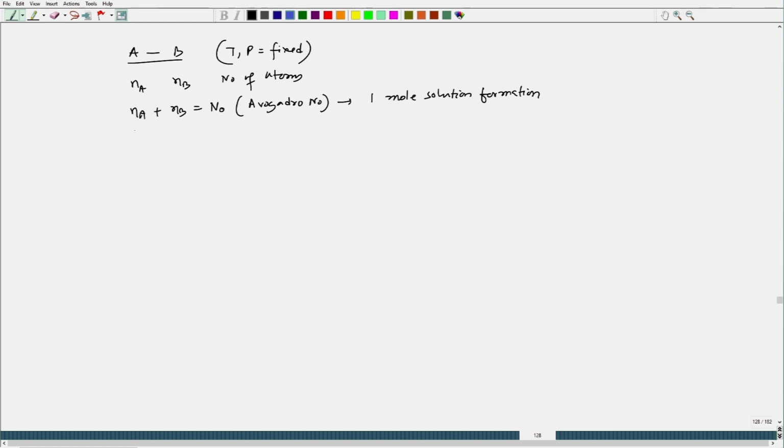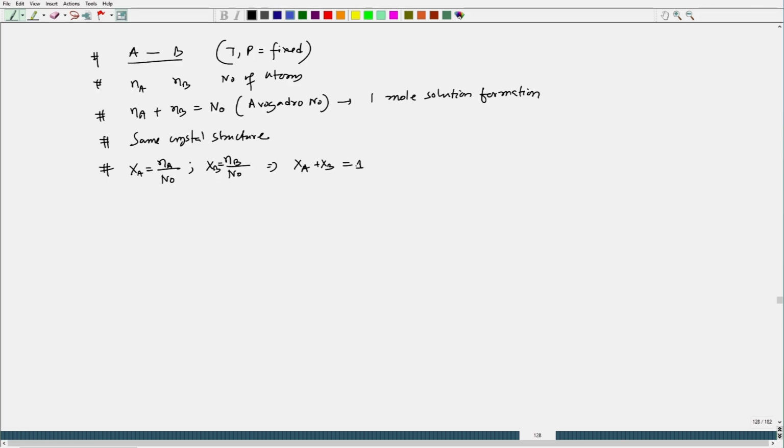Both of them have the same crystal structure. If I look at the mole fraction, Xa can be written as Na divided by N0, and Xb, which is the mole fraction of B, equals Nb divided by N0. So, we can see that Xa plus Xb equals 1.